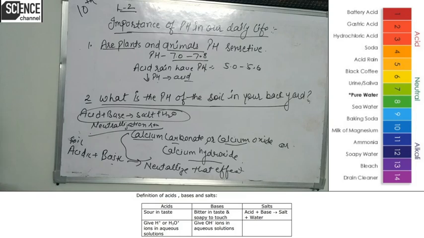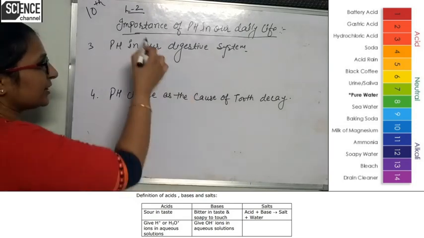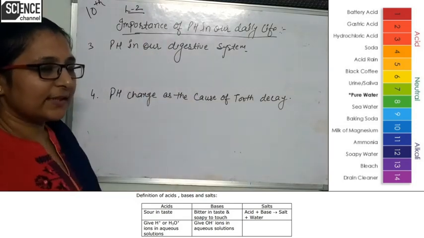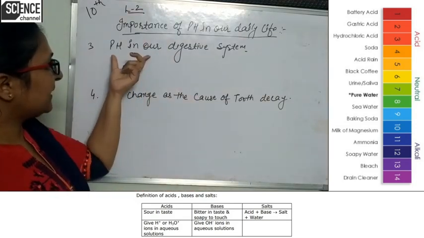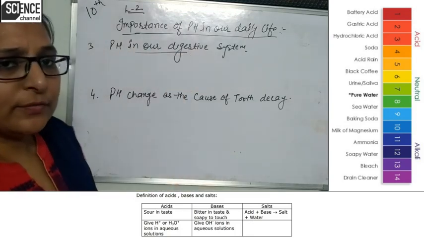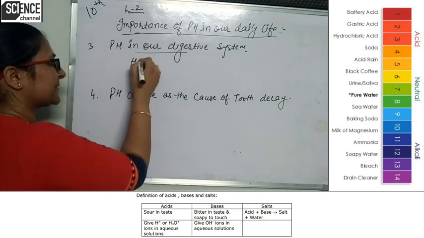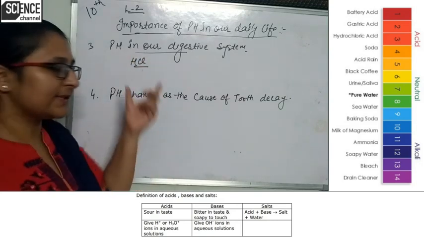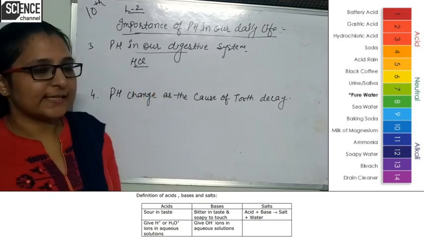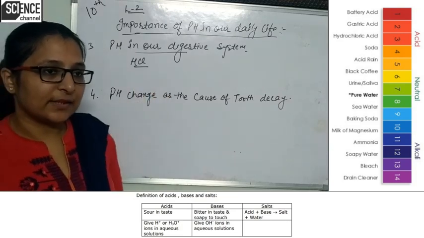The next question is the importance of pH in our daily life. We are doing this topic under pH in our digestive system. You know very well that hydrochloric acid, HCl, is present in our stomach.